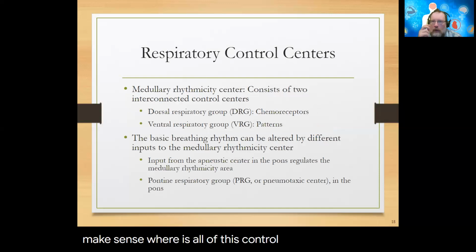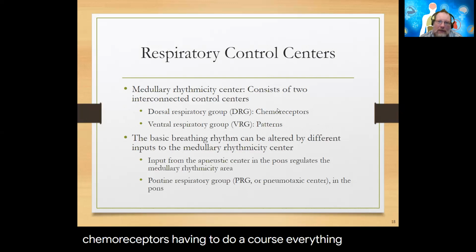Okay. Where is all of this controlled? Generally, we would look at the brainstem area, the medulla. We see what's called the medullary rhythmicity center. We have the dorsal respiratory group and the ventral respiratory group. We see chemoreceptors, having to do, of course, everything physiologically has to do with chemical release and chemical reactions.